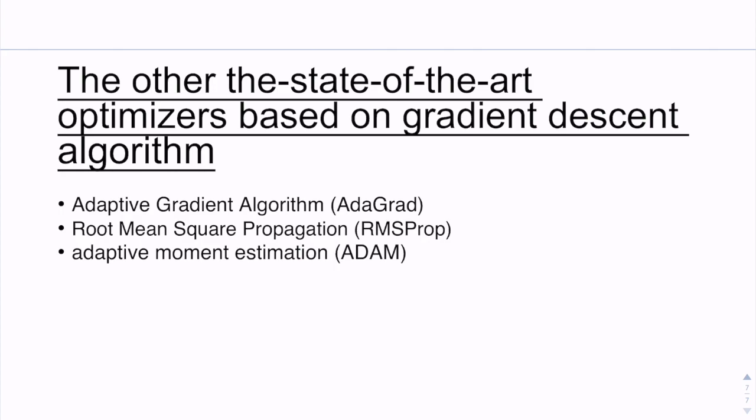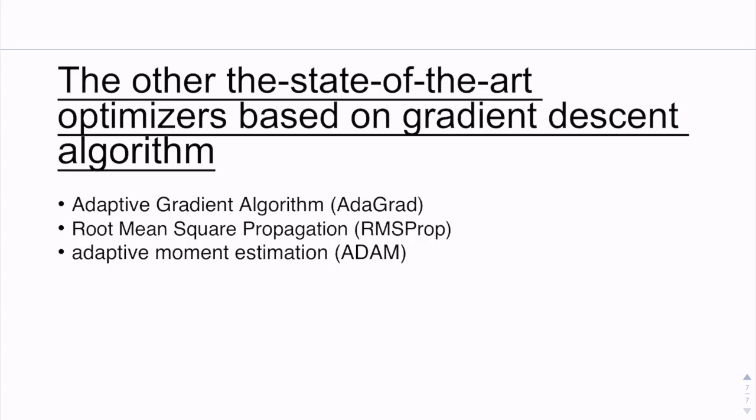The most popular ones are the adaptive gradient algorithm, called AdaGrad, or also root mean square propagation, RMSprop, and also the one that combines these two is called ADAM, adaptive momentum estimation. It is a very powerful, simple, and computationally effective technique to do the optimization and find the parameters of the loss function.